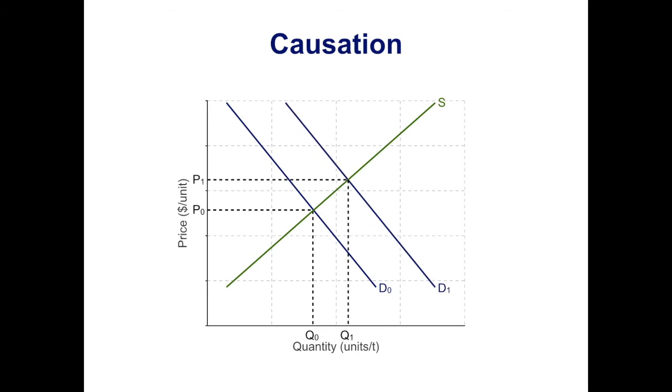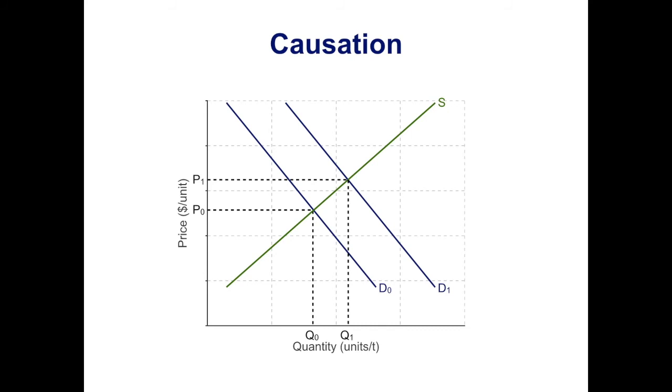If we were to look at this on a graph, we would show the demand increasing. We see that as a result of this demand increase, the price has increased, and as a result of the price increase, the quantity supplied is increasing. So pay attention to the terminology that is being used.